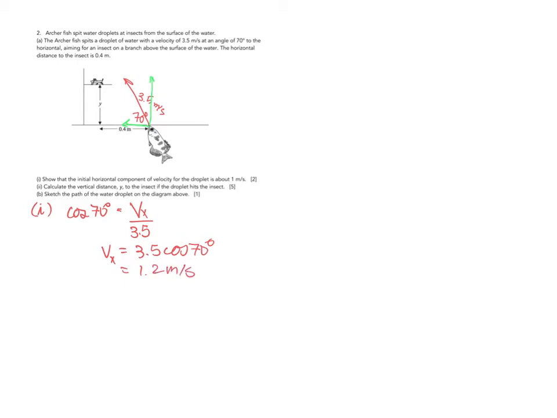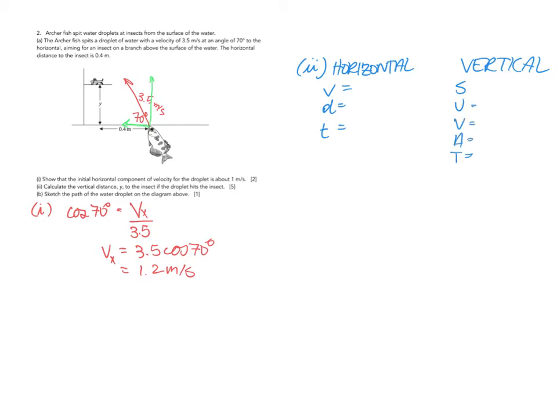Now it asks for the vertical distance to the insect if the droplet hits it. Okay, so this is a projectile motion question, so I have to keep my horizontal and vertical information separate. Horizontally is going to be a constant speed, and vertically, suvat. I'm going to write this in right away so that I don't forget.